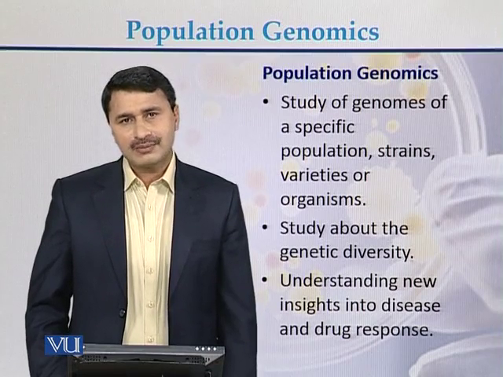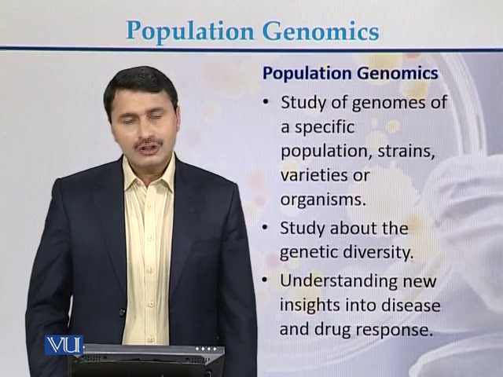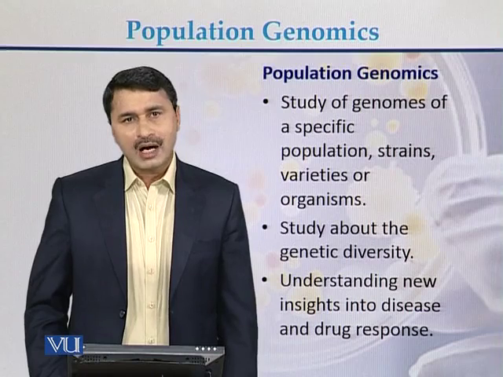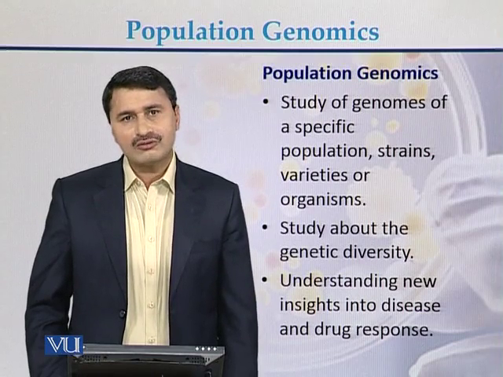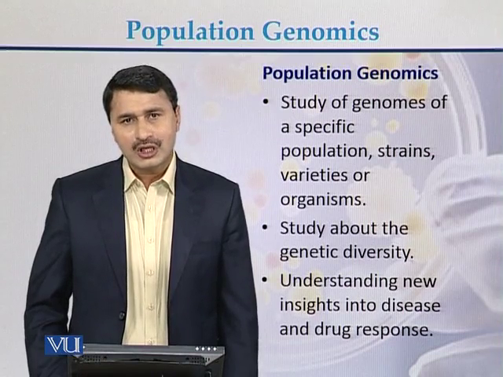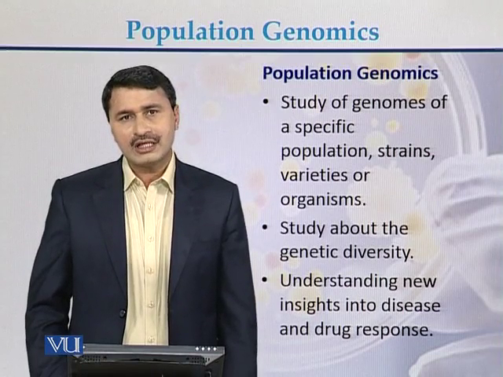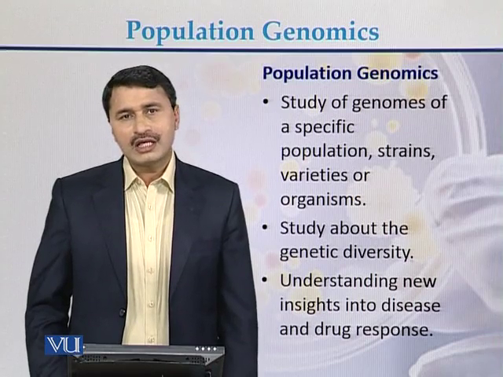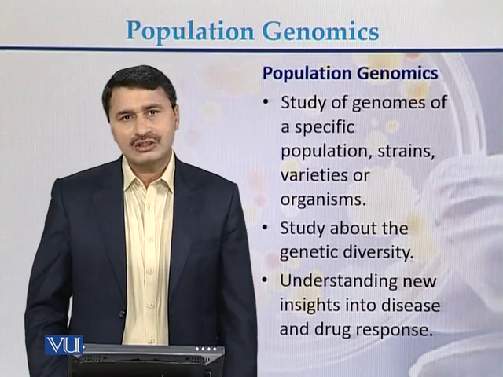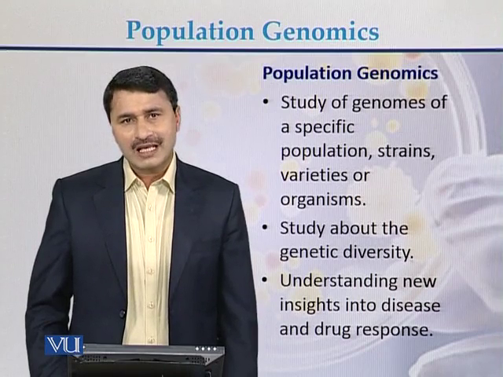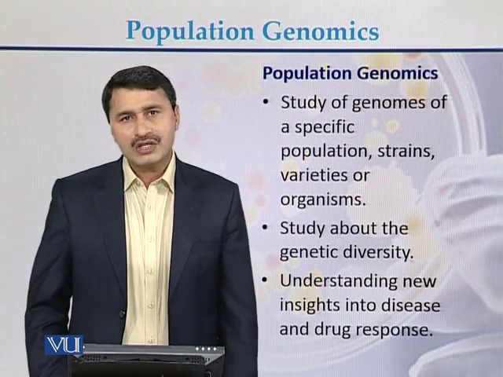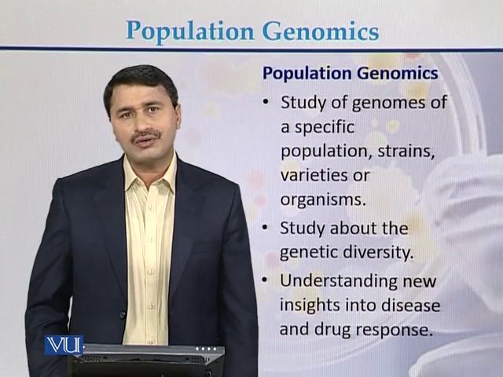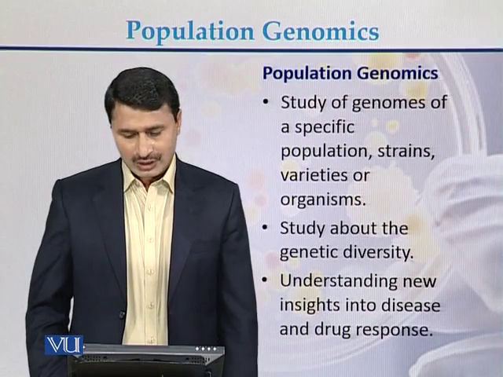Population genomics helps us understand disease patterns and gain new insights about the response to drugs in specific individuals. It is also helpful for humans to understand how drugs respond in specific individuals based on the genome of that particular individual.